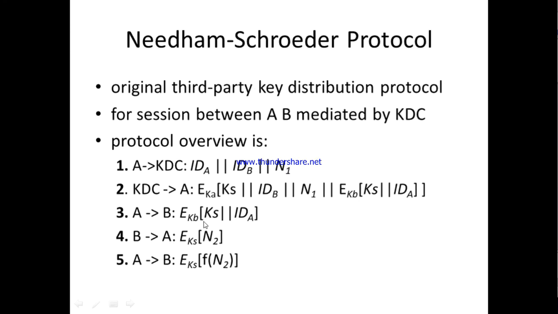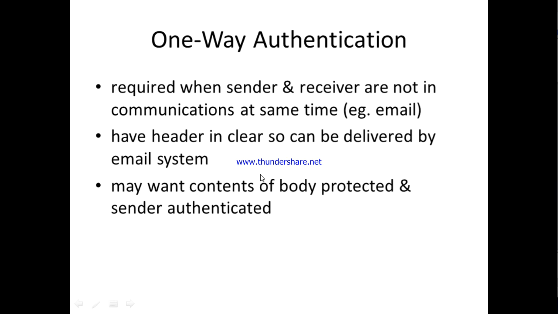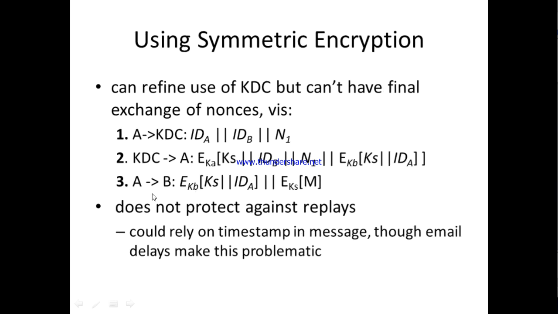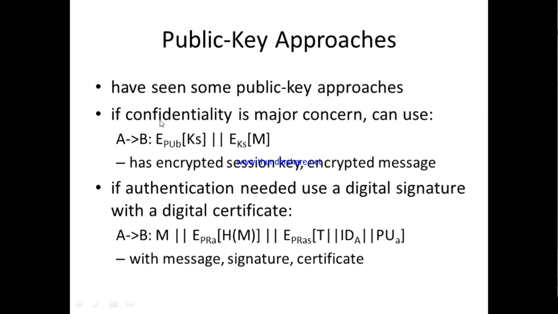But here the further verification by B and A is avoided in one-way authentication. We don't require it. That is the only main difference; the other steps are the same. The public key approach also works for one-way authentication, so we can send directly.